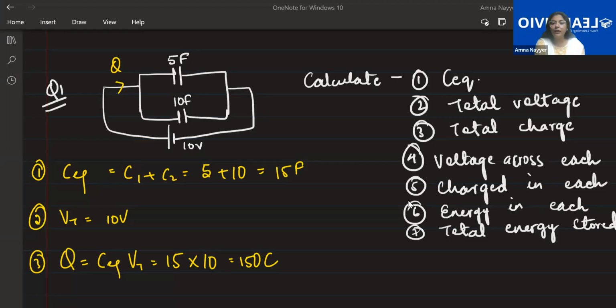Individual voltages should be V1, V2. Will it be different? Do you think the individual values will be different? No, ma'am. Yeah, no. It means all the values will be the same.